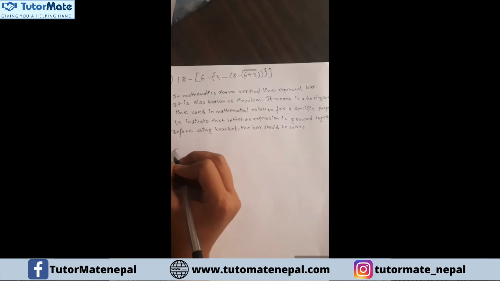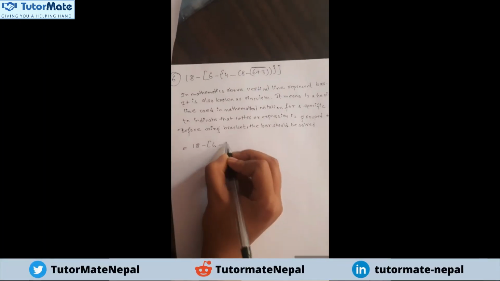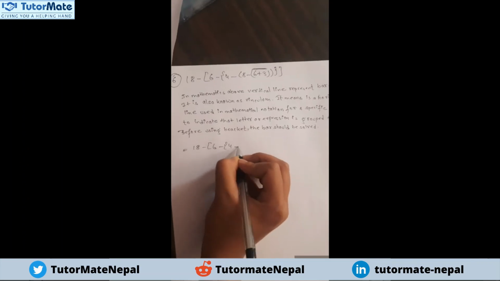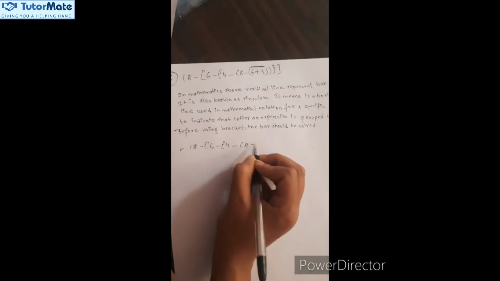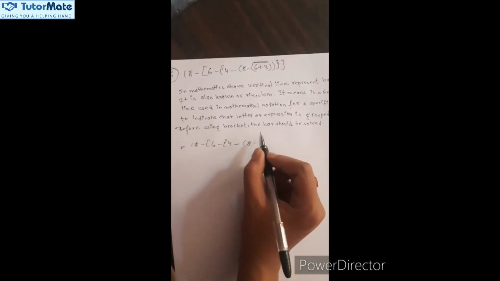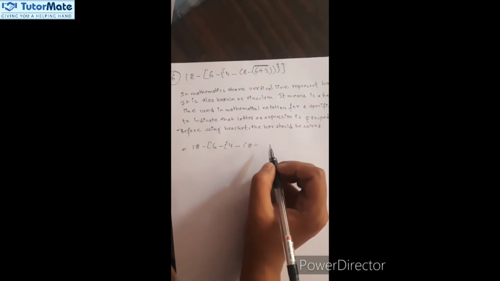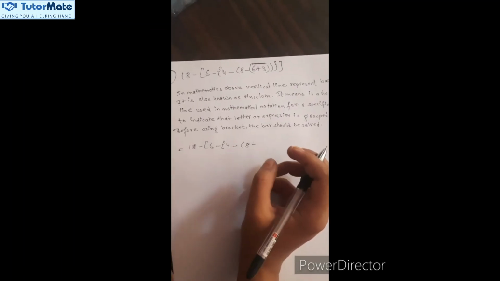So let's go through the question. 18 minus big bracket 6 minus curly bracket 4 minus 8 minus small bracket 6 plus 3 bar. 6 plus 3 bar should be solved first.